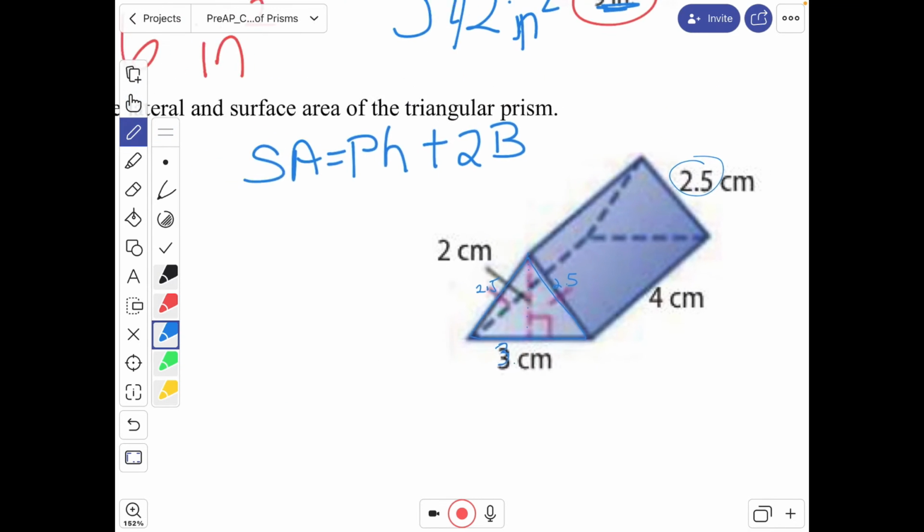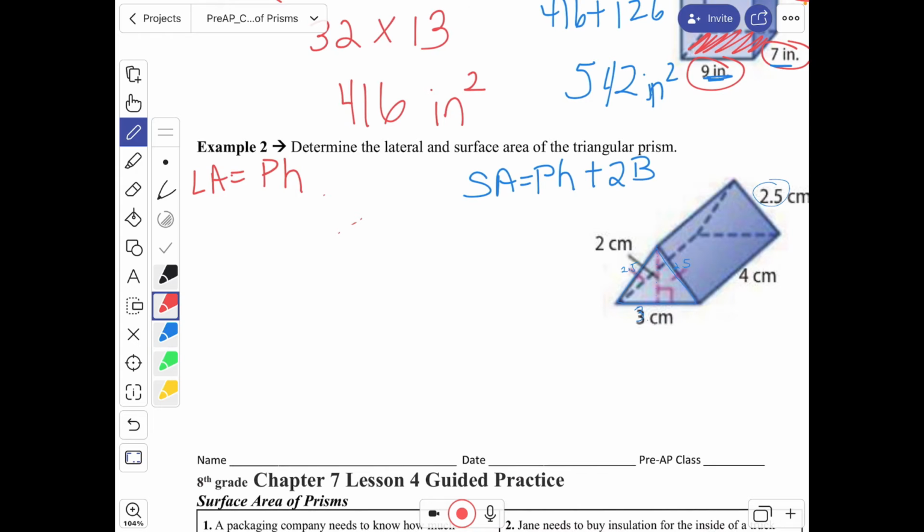So when I add the perimeter, I'm adding 2.5 plus 2.5 plus 3. And then they want to know the height of the prism. And the height of the prism is 4. And then we add what's in the parentheses first. So we get 8. And 8 times 4 makes 32. So my lateral surface area is 32 centimeters squared, or square centimeters.